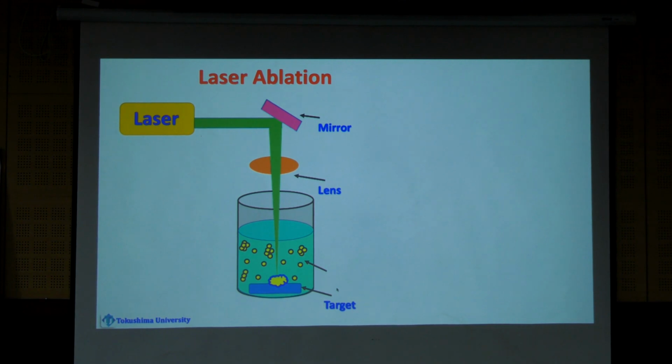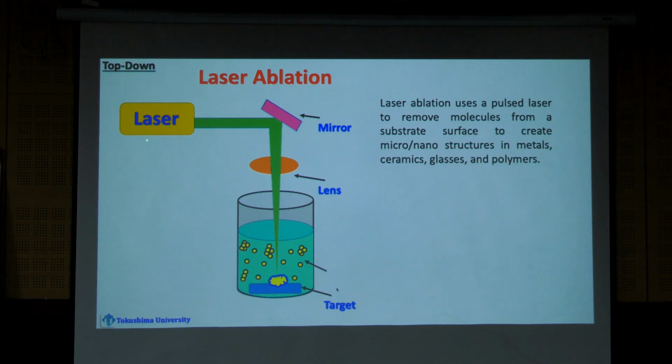We use laser. This laser is irradiated on the target material. Laser ablation uses a pulse laser, and that pulse laser goes toward the target material with the help of lens and mirror. Laser has only one direction.